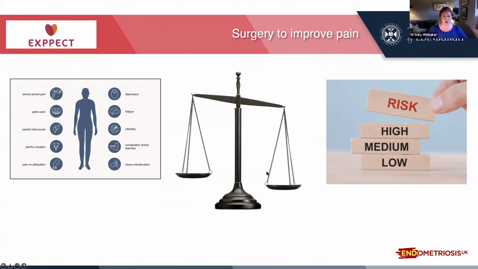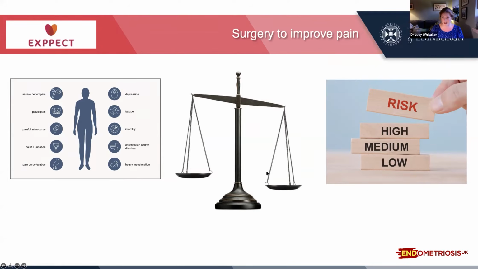Now, there are general risks for our surgery. Also, depending on the type of surgery that's planned, those risks will alter. So clearly removing endometriosis from somebody's bowel is a more risky, significant procedure than removing small lesions of peritoneal endometriosis that are away from any important structures. But there's also the individual factors which contribute to risk of a procedure. So that's factors like someone's weight, particularly if people are very significantly overweight.